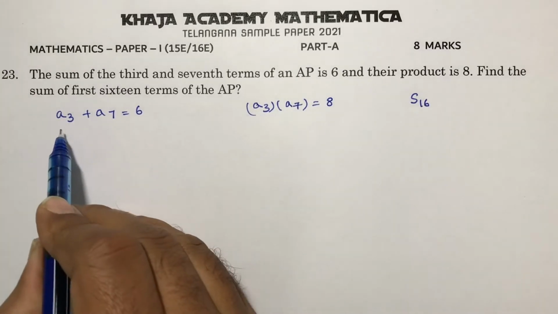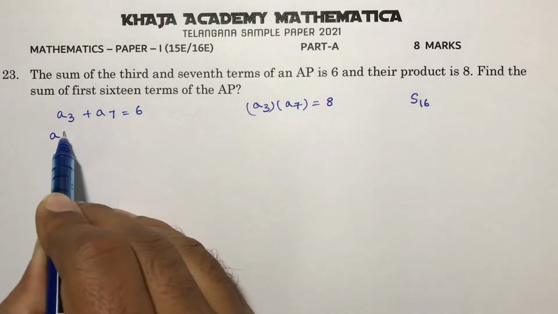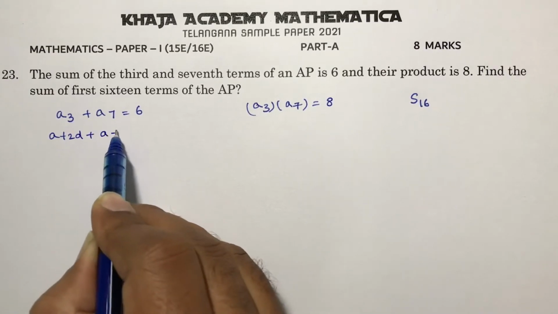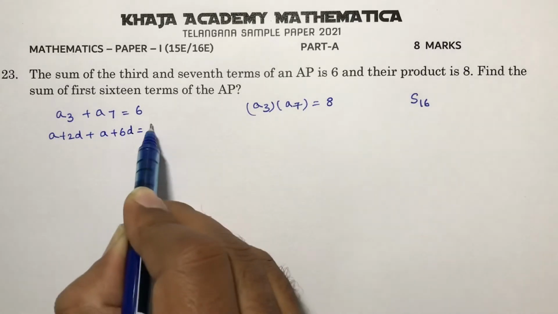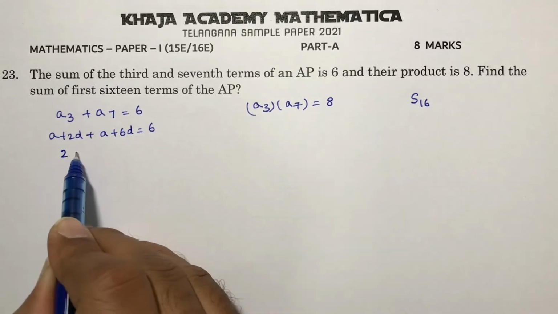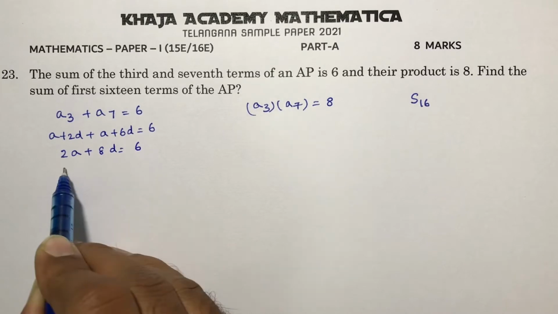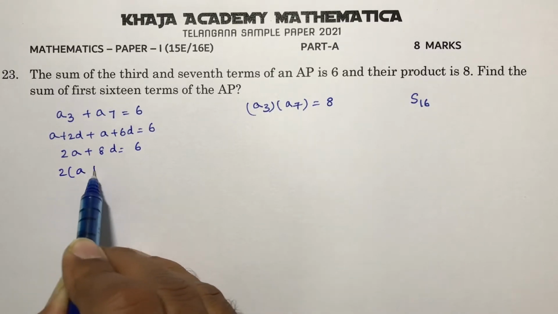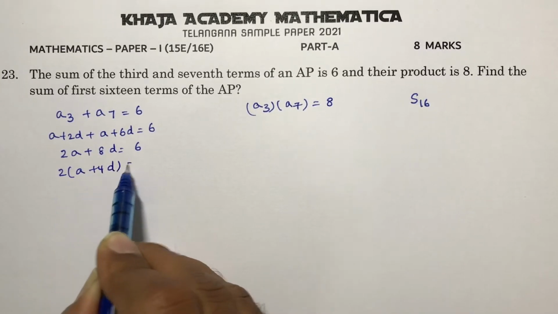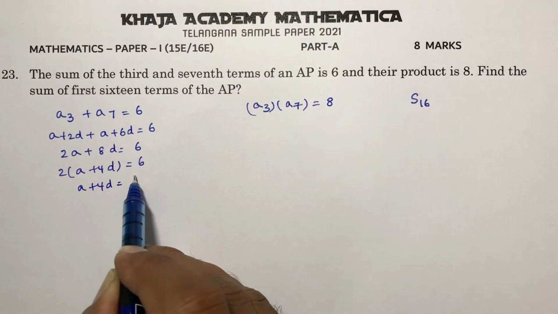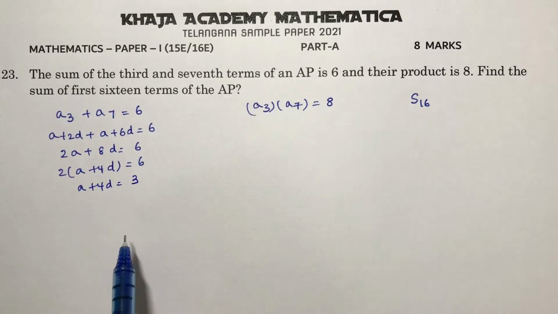Third term is nothing but A plus 2D. Seventh term is A plus 6D. The sum equals 6. So 2A plus 8D equals 6. Taking 2 common, A plus 4D equals 6 by 2, that is 3.